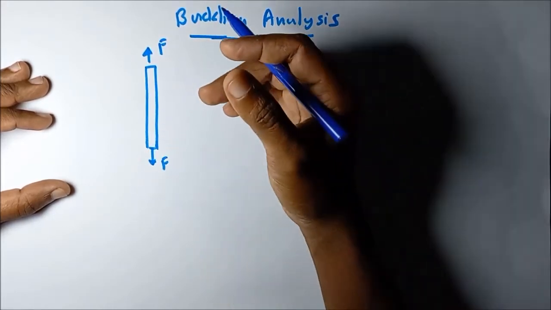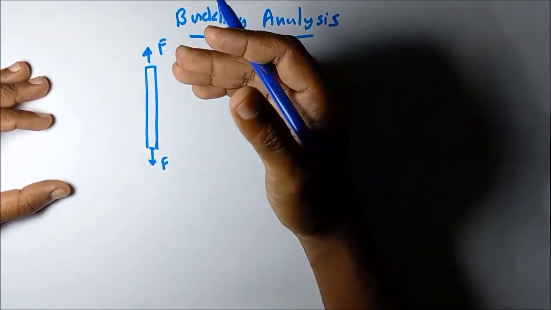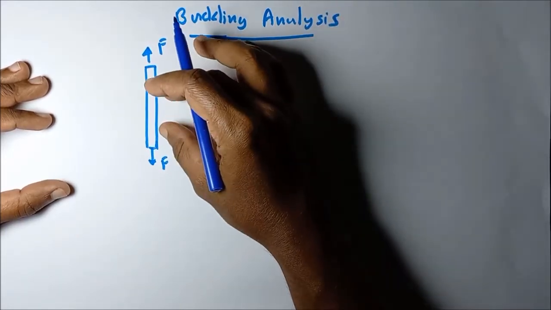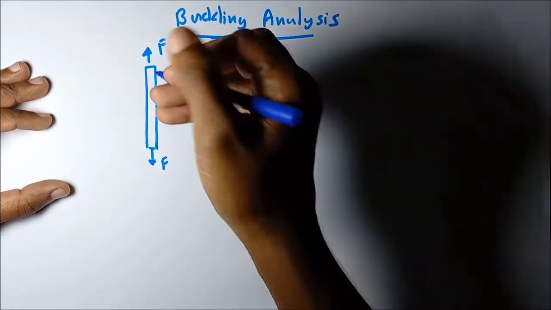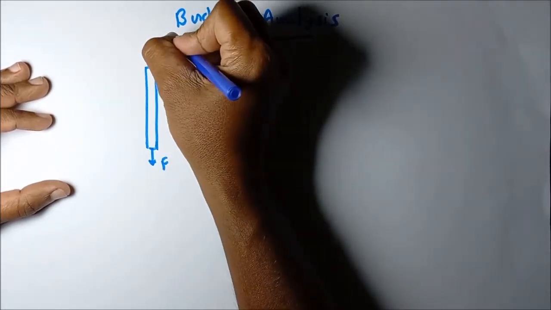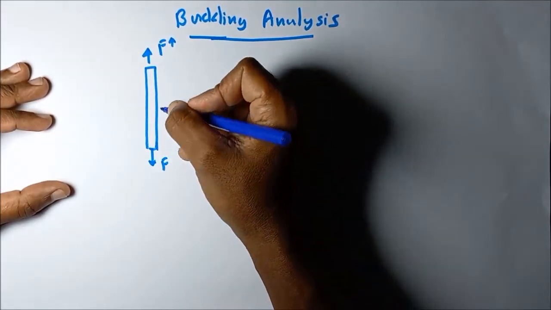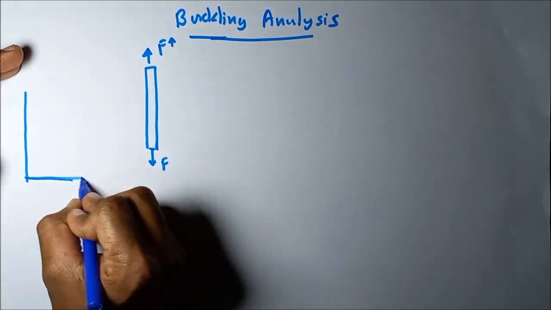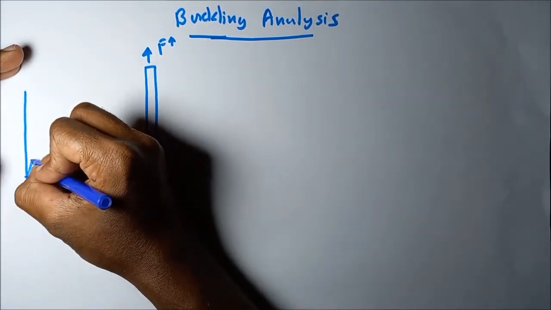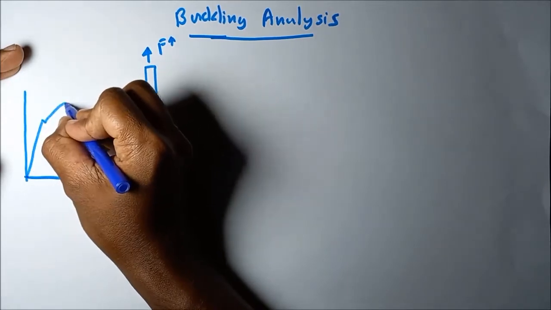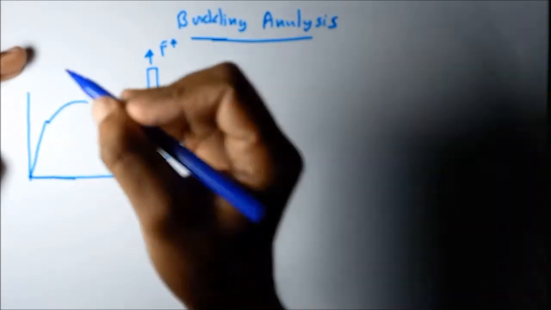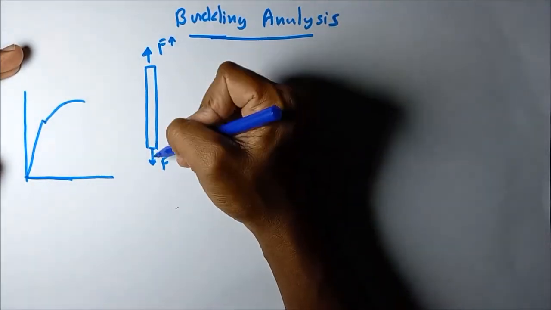It starts happening beyond the yield point, when increasing this force F gradually. Let's take a ductile material. Beyond the yield point, permanent deformation occurs.